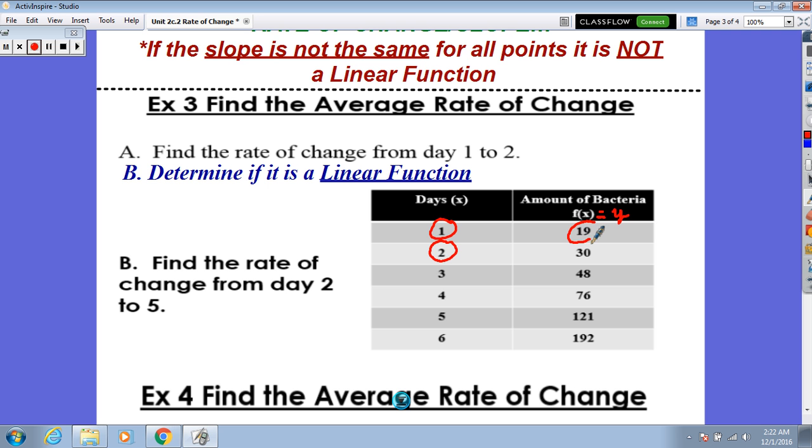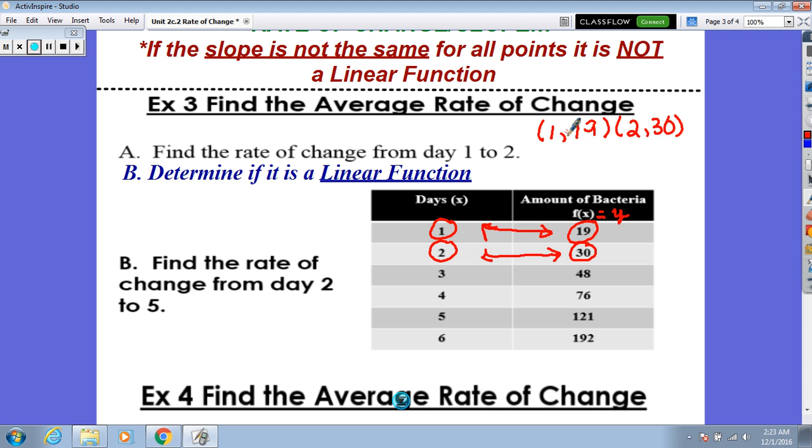Okay, so we're going to use this value and this value. So these are my 2 points. Okay, 1, 19 and 2, 30. This is how your problems look on your CDA. You know they like to tell these wonderful stories, okay? So here we go. Let's find the rate of change.